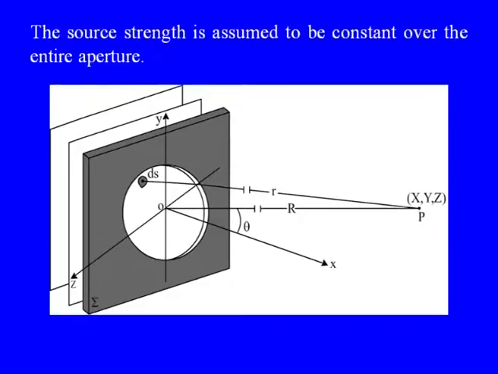You see, the source strength is assumed to be constant over the entire aperture. The reason for this is because the incident wave front is that of a plane wave front, which leads to a uniform intensity pattern on the surface of the aperture.